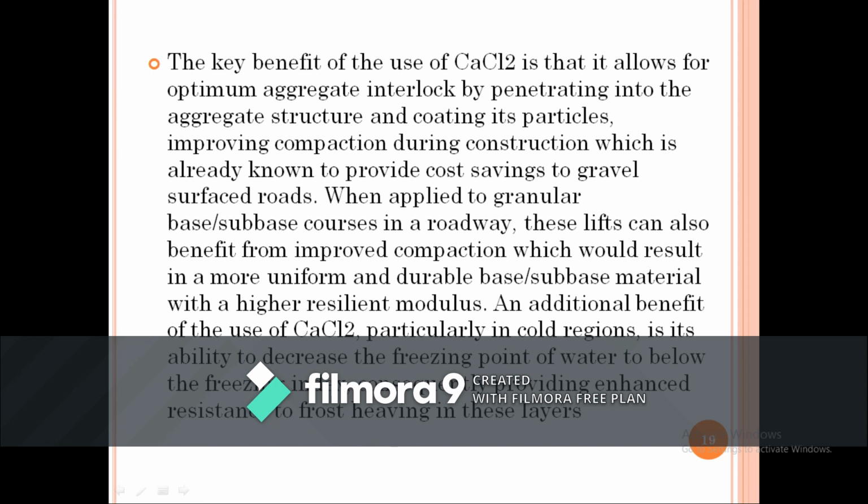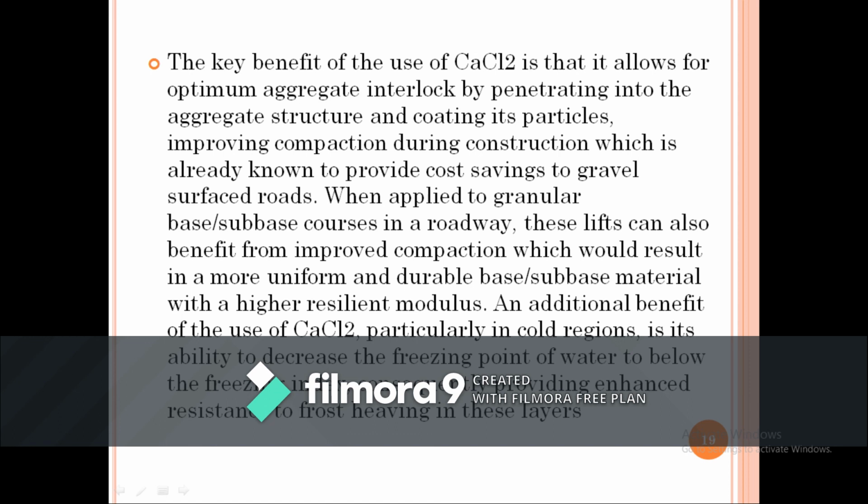An additional benefit of the use of calcium chloride, particularly in cold regions, is that it decreases the freezing point of water to below the freezing index, consequently providing enhanced resistance to frost heaving in these layers. So what is happening in the other case? Mainly in the cold regions or in the frozen layers, it is going to decrease your freezing point still more.